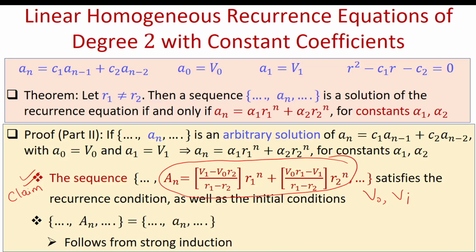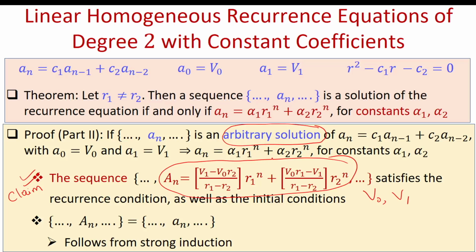Okay. What this means is that now I have two different sequences: a capital A sequence satisfying the recurrence condition as well as the initial condition, and the arbitrary solution which I assumed, satisfying the given recurrence condition as well as the initial conditions, right?